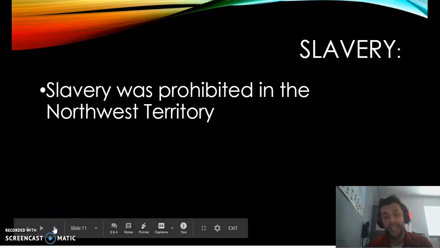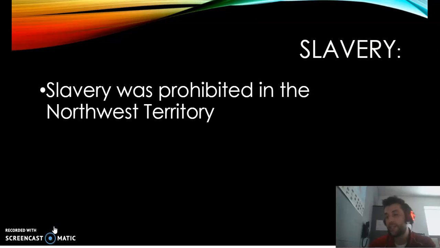Slavery. Slavery was prohibited in the Northwest Territory. It was outlawed outright. You could not own slaves in any of the new territories, Ohio or Michigan or Indiana, Illinois, Minnesota, or Wisconsin. And this was a big deal. One, it ensured that the states that would later form the North and fight as a part of the Civil War had no slaves.